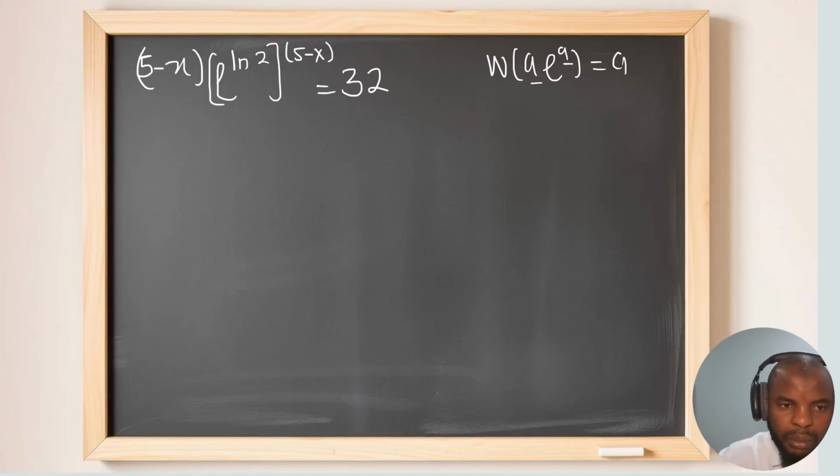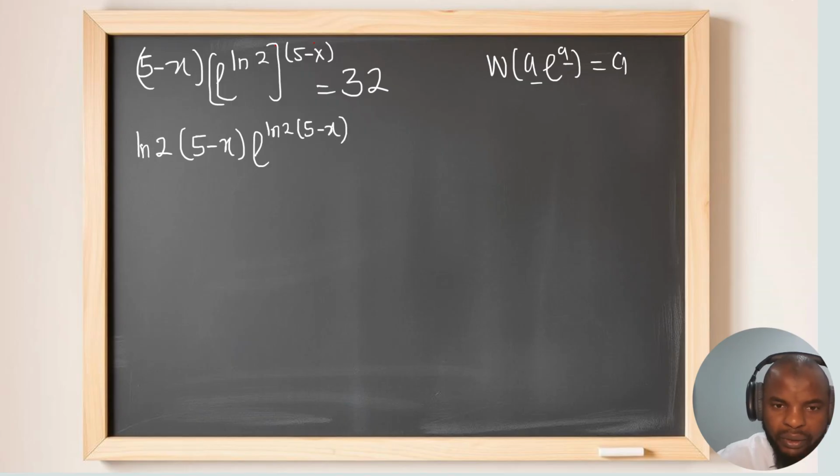So multiplying by natural log of 2, here I'm going to have 5 minus x. So this can be written as exponent ln 2 times 5 minus x. So the right-hand side will also be multiplied by the natural log of 2.